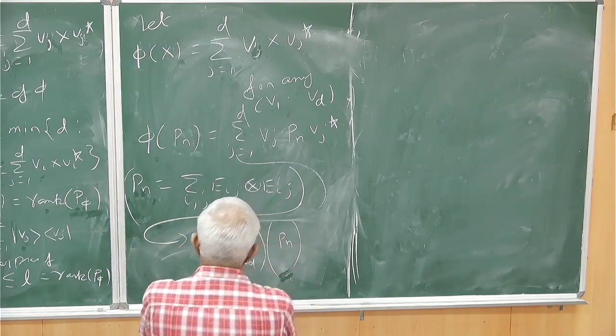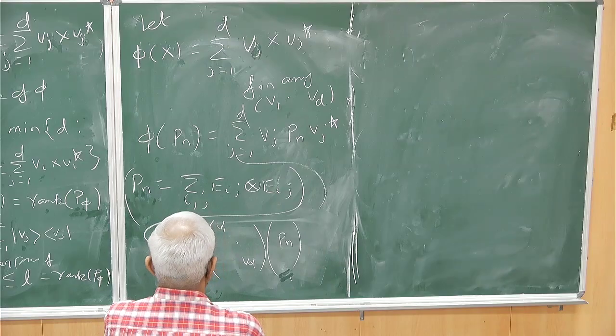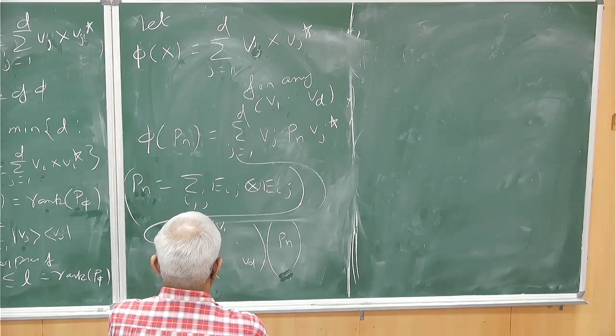Pn is an n cross n matrix, right? How can it be?